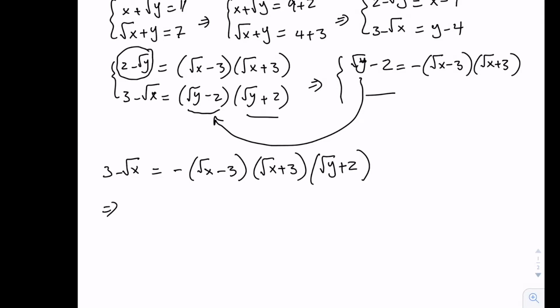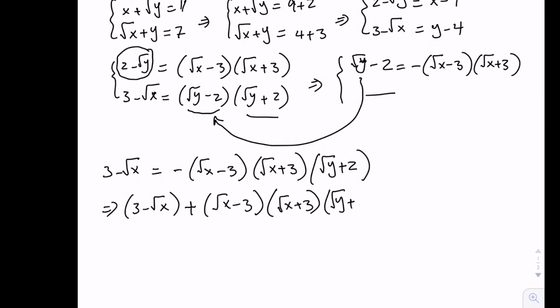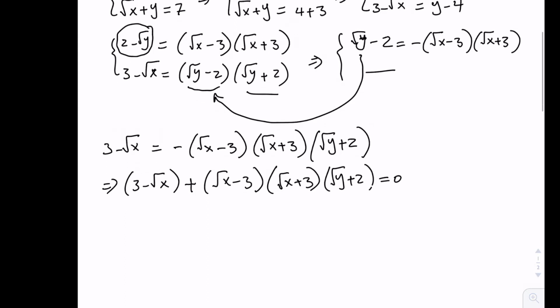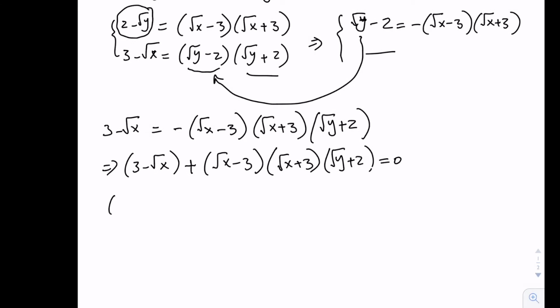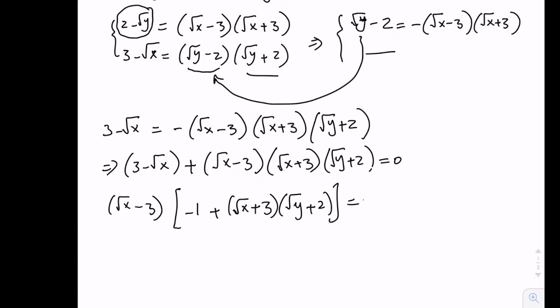Let's move the left hand side to the right hand side, and that will give us 3 minus square root x plus square root x minus 3 times square root x plus 3 times square root y plus 2 is 0. Let's factor out square root x minus 3, so we get minus 1 plus square root x plus 3 multiplied by square root y plus 2 equals 0.